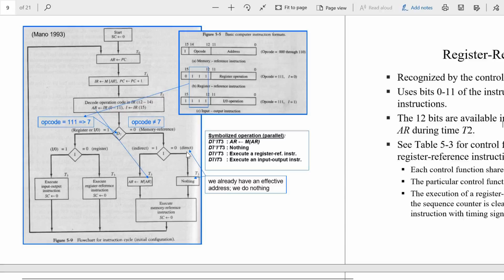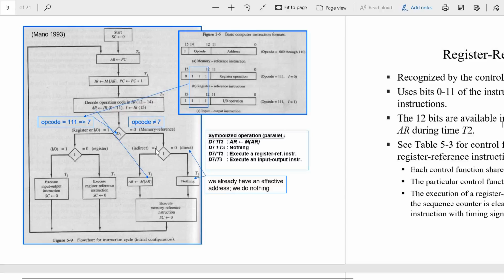Direct means the effective address is already there, so the processor is doing nothing for the identification of the offset, because the offset is already detected. It directly points to the address of the particular location and executes the direct address action. So execute memory reference instruction, and the sequence counter goes to the initial state.